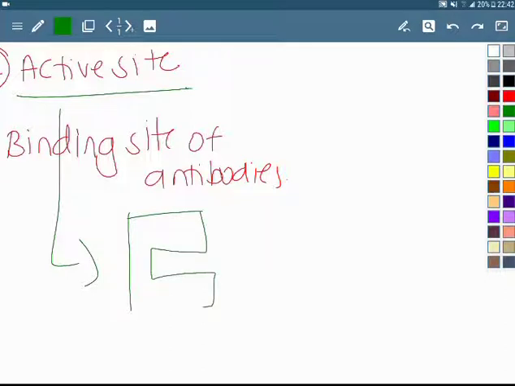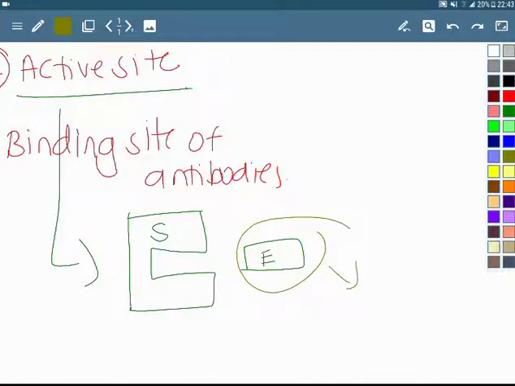If this is A, just think of this and this. This is the substrate, and this is the enzyme. Okay, for the substrate, each enzyme is specific. Let's use this color. Each enzyme is specific to a substrate.